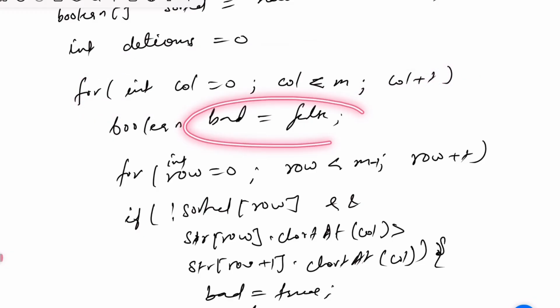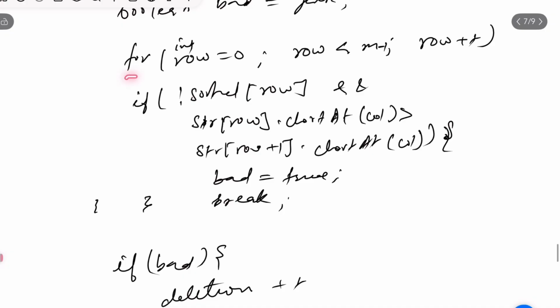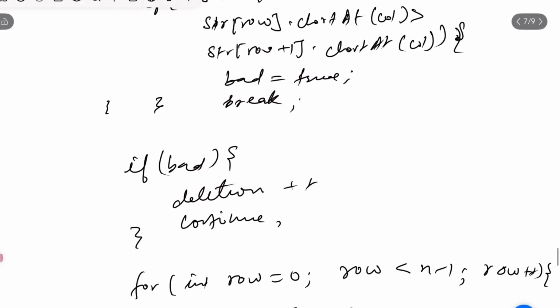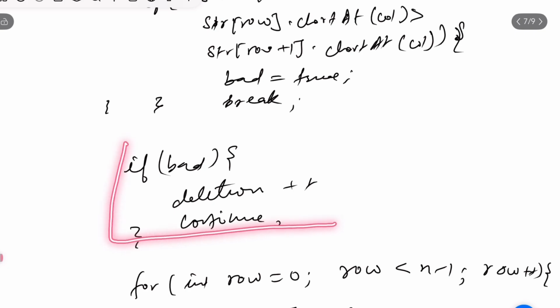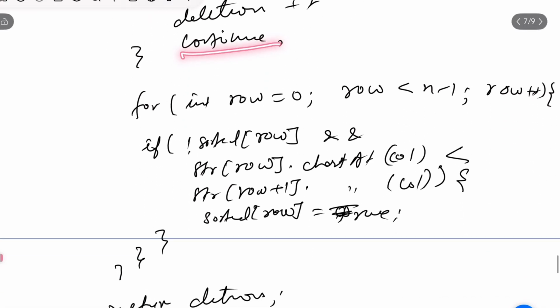You check whether this column is bad or not, initially. You check all the rows, whether each row is sorted or not. For each row and row plus one, you check what we have at that column. If they are lexicographically greater, we'll mark it bad, and we'll break it. If the bad is true, means deletion, we'll say plus plus, and we'll keep continuing.